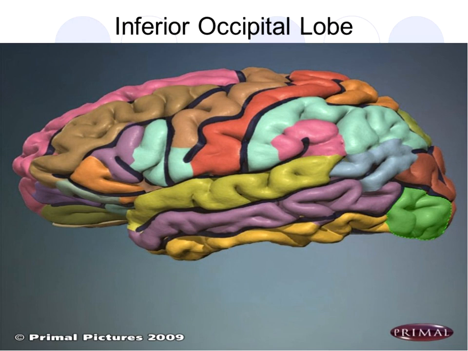So there's the inferior occipital sulcus. The superior from the lateral viewpoint would be Brodmann's area 18. The inferior from the lateral viewpoint is going to be Brodmann's area 19. And they are separated by the lateral occipital sulcus there.